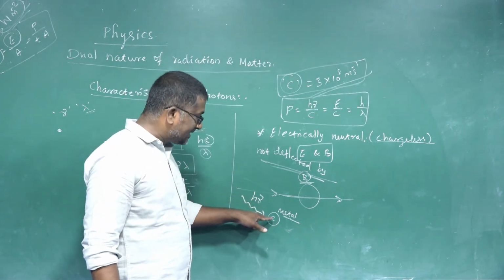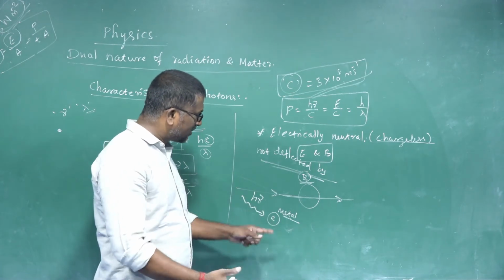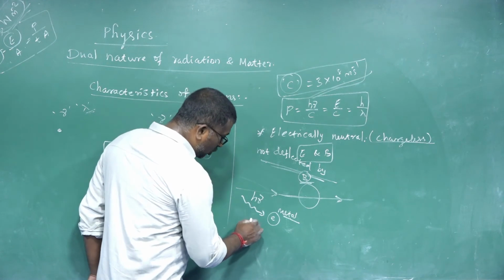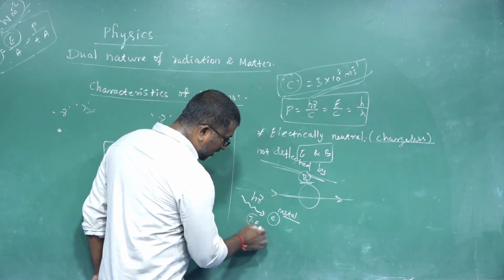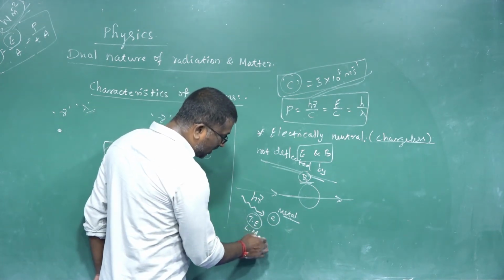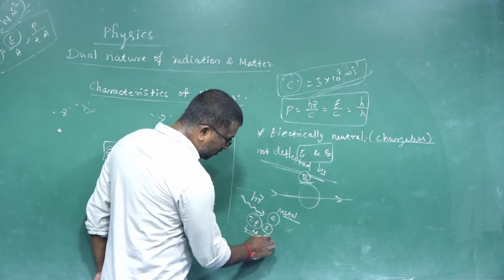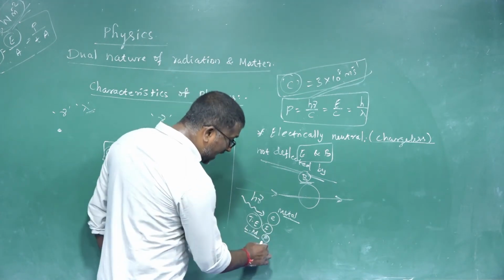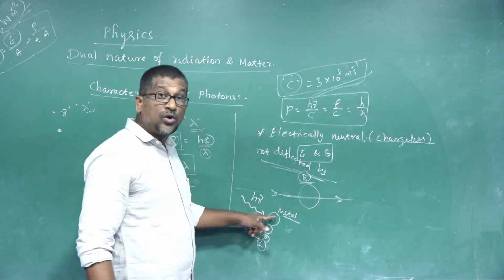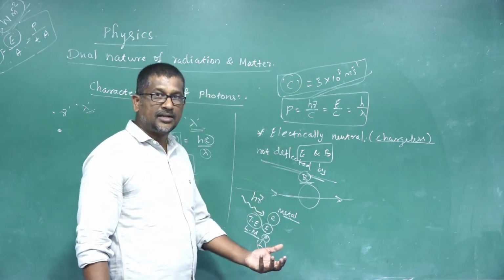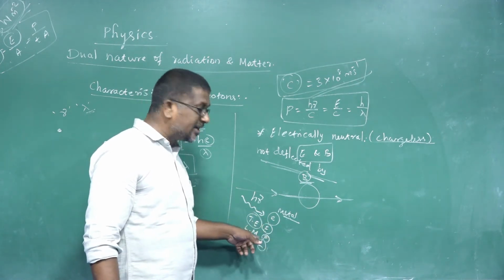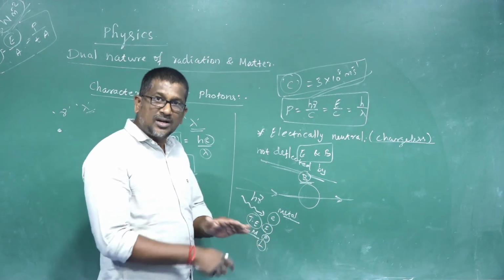Suppose a photon interacts with matter, matter meaning the electron in the metal. The total energy, the total linear momentum and the total angular momentum of the photon are conserved. Whenever the photon interacts with matter, the total energy, total linear momentum and total angular momentum are conserved.